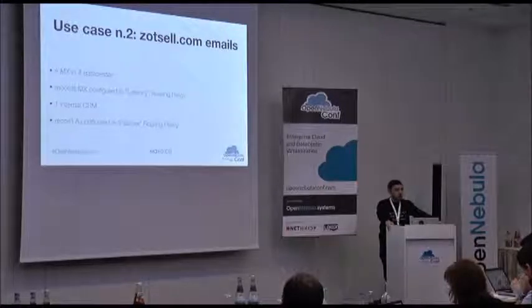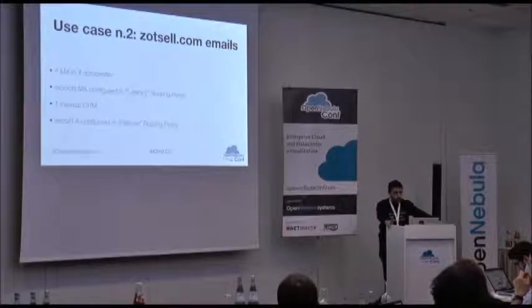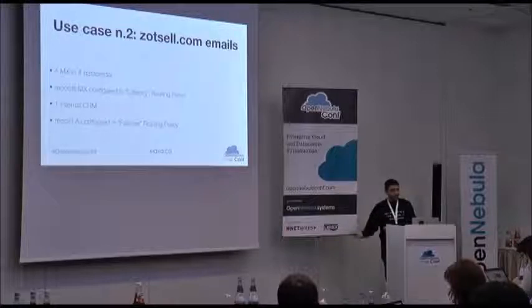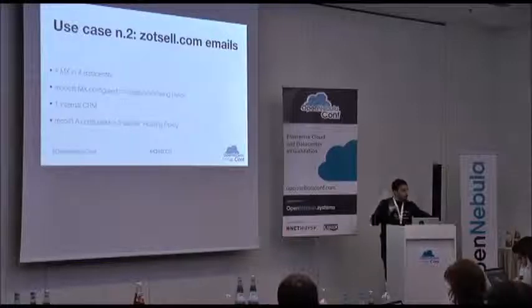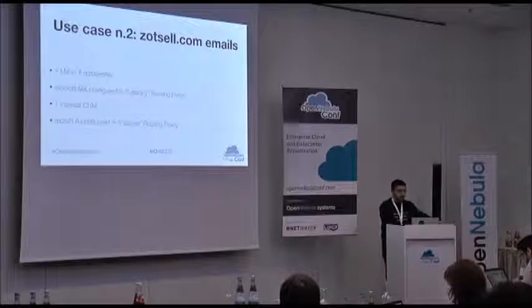So when, for example, a mail server in the USA has to contact the .cell.com domain, the DNS returns a pool of MX servers, where the one with the highest priority is the one in the USA. And obviously, when a mail server in Europe has to talk with .cell.com, it returns another pool of MX servers, with the one with the highest priority being the one in Europe, and so on.